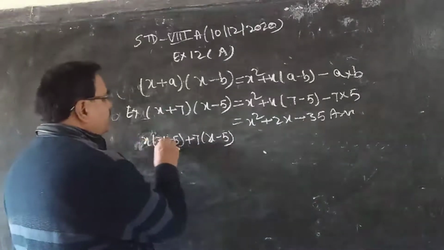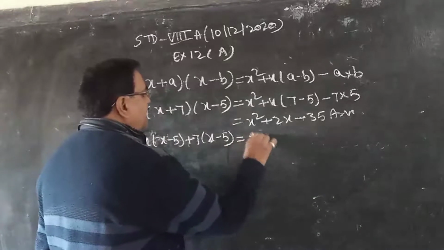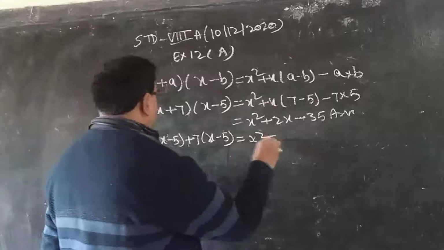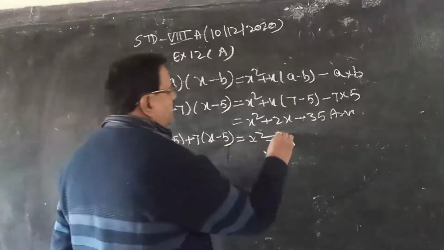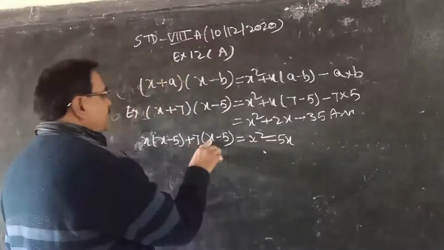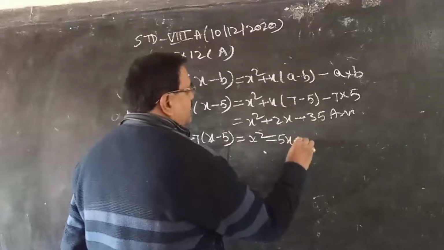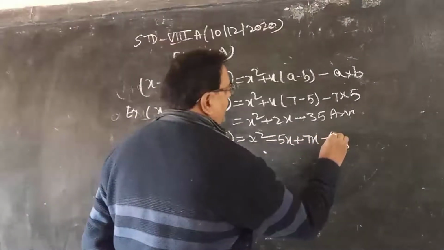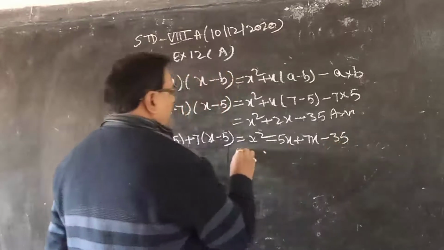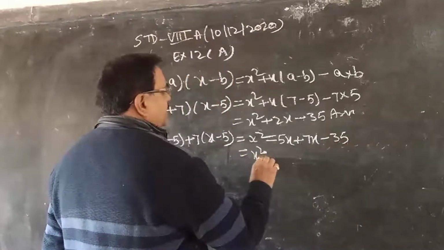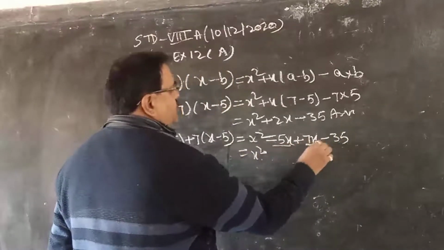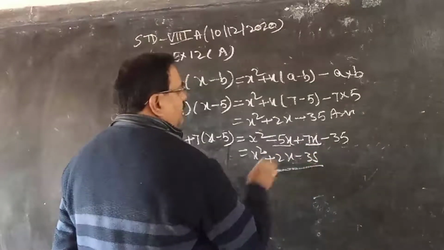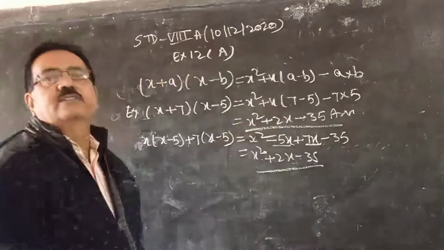Now plus into plus, x into x, x². Plus into minus, 5 into x, minus 5x. Plus into x, plus 7x. Plus into minus, 7 into 5, minus 35. Now operate like terms: x², minus 5x and plus 7x means plus 2x, minus 35. This is our answer. In both cases the answer is the same.